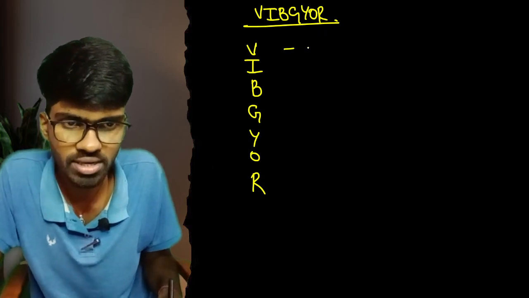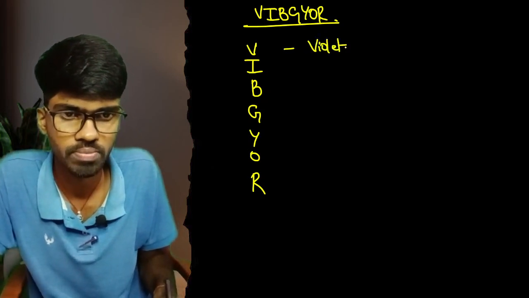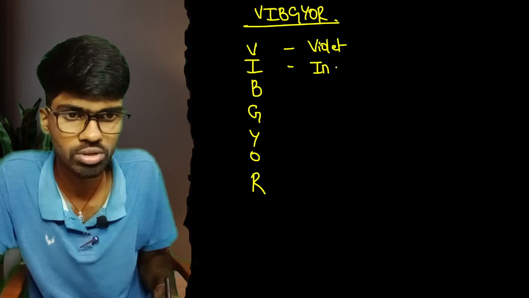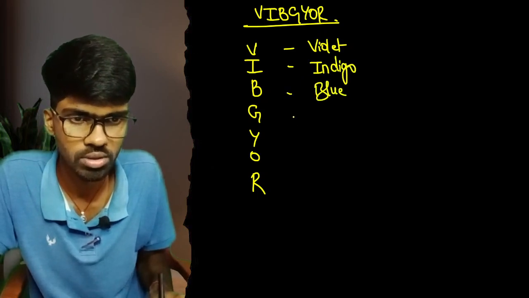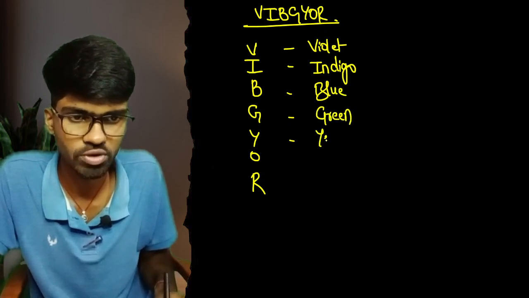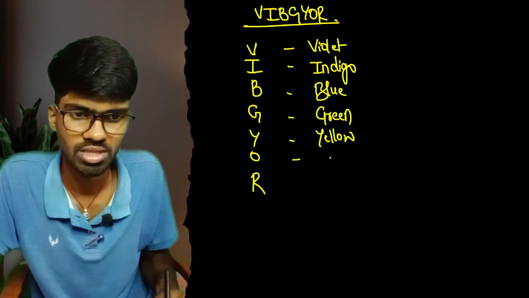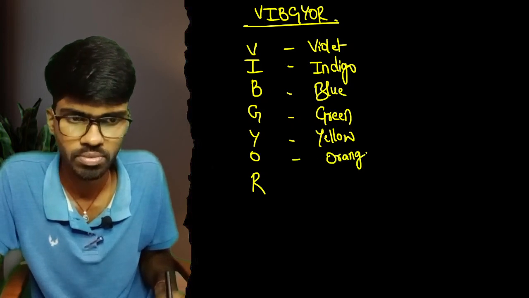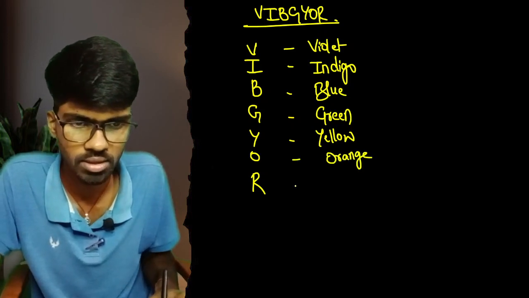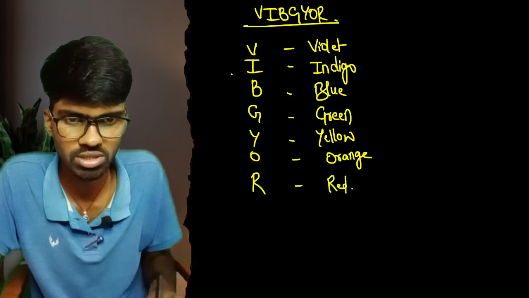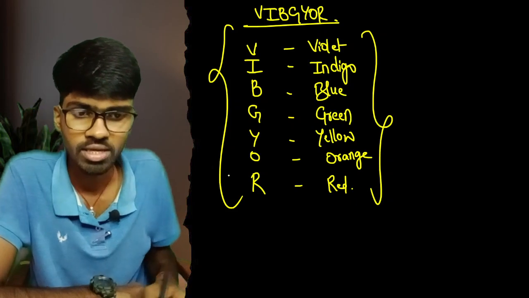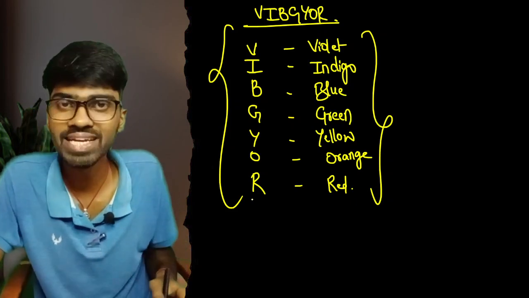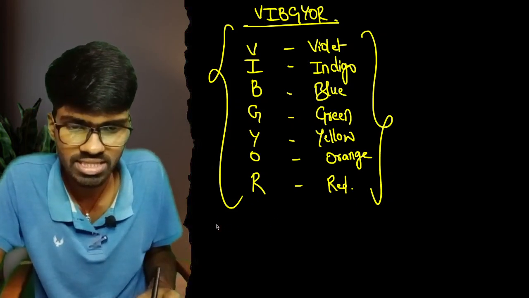V stands for violet, I stands for indigo, B stands for blue, G stands for green, Y stands for yellow, then orange, and then red. So these were all the colors he saw. So what was the conclusion he drew from this?